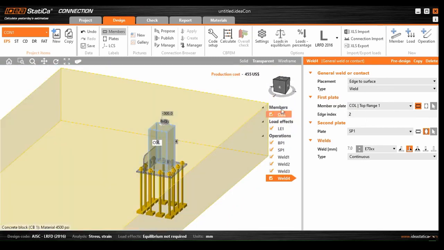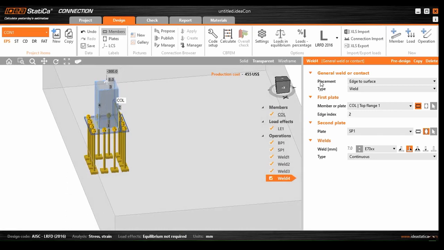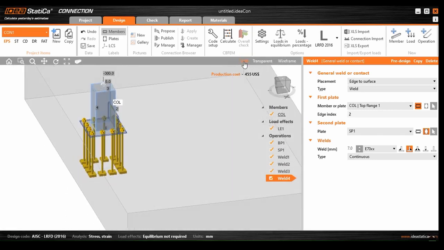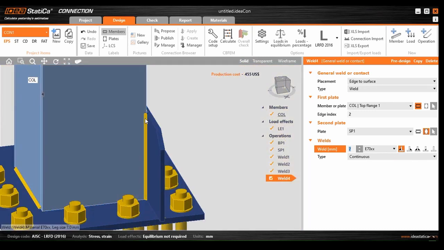I think it's perfect now. Let's check it. Okay. Now, as you see, the weld line is located in the place that we want to be added.